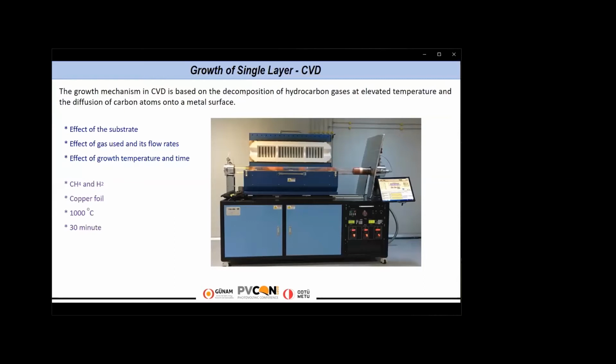Copper, nickel, or other metals can be used as substrate. Temperature and growth time should be optimized for large-scale graphene synthesis. We used polycrystalline copper as substrate. A 30 minute growth time was applied at 1000 degrees Celsius for single-layer graphene synthesis.